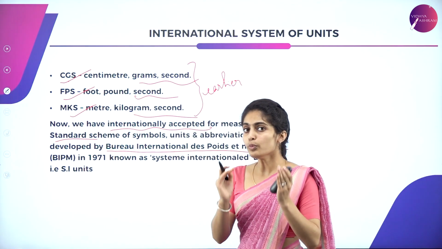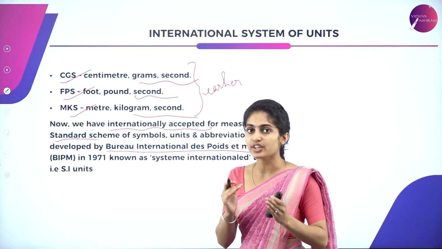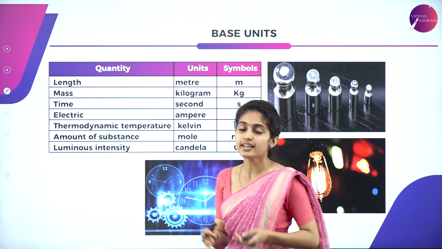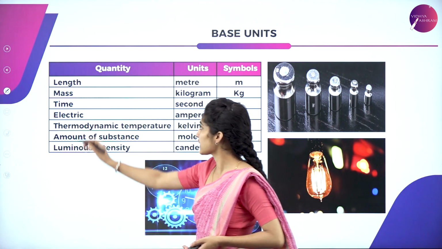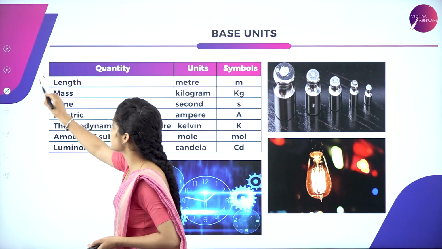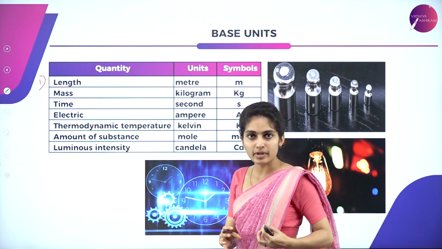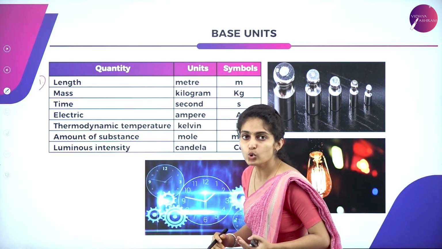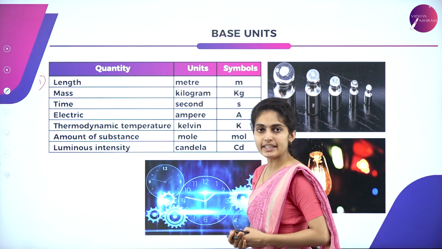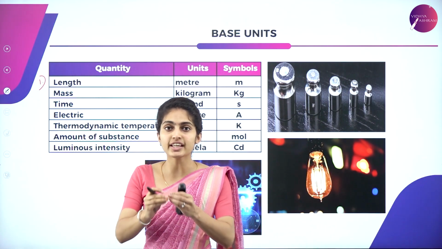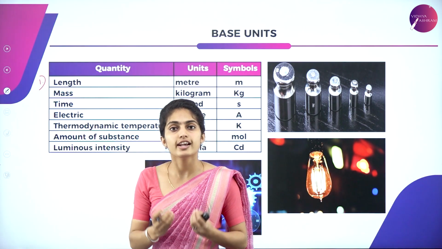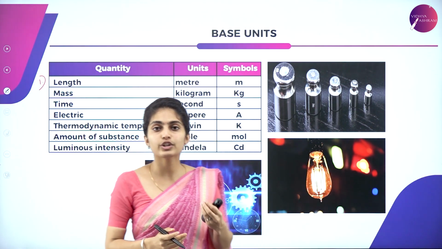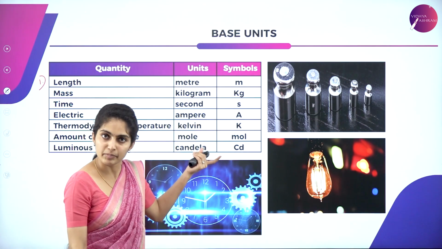So let us study the base units we are using. First is the quantity we are measuring, that is length. Length is the first quantity which we are measuring. So what is its unit? The unit is meter. We measure the length of a cloth or the length of a stick in terms of meter.